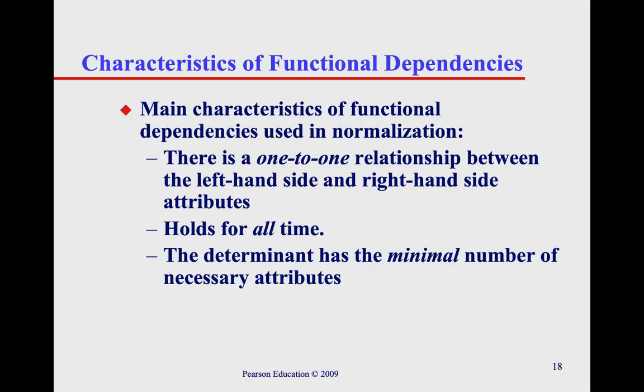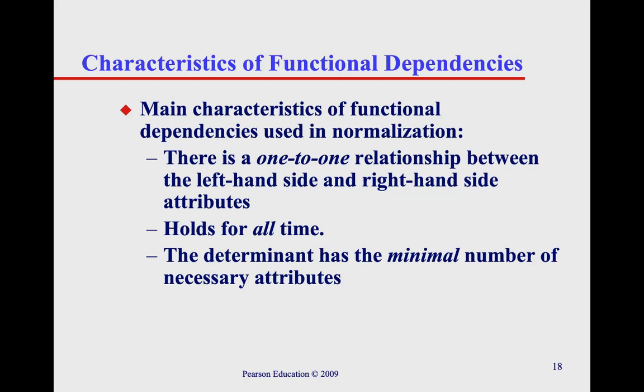Okay, so this is a review slide. Characteristics of functional dependencies. It is a one-to-one relationship between the left-hand side and the right-hand side attributes. So for each unique set of values for the left-hand side attributes, there is exactly one set of values for the right-hand side attributes.